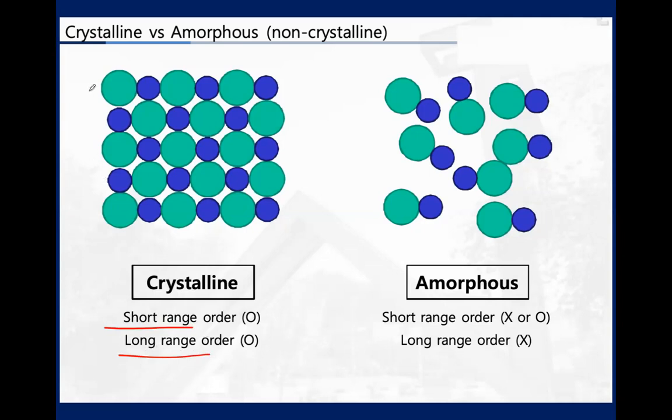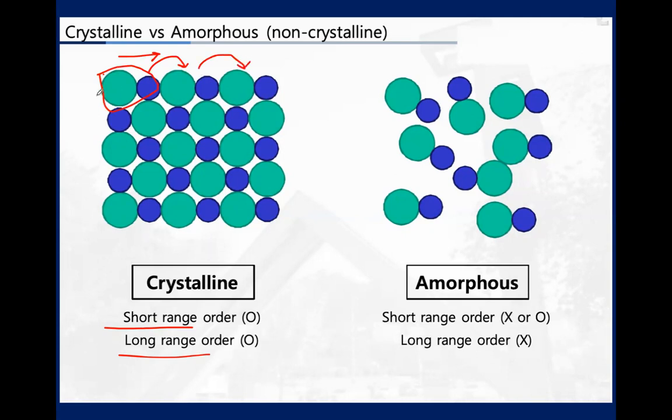So for example, you can see some kind of pattern, right? Let's take the pattern along this direction. This particular unit is repeating, right? It's going here and also it's there like this.